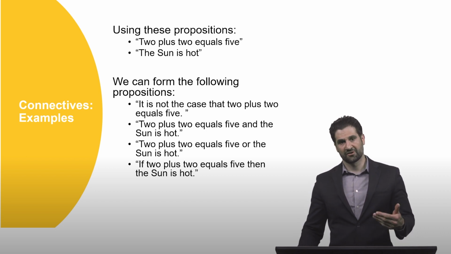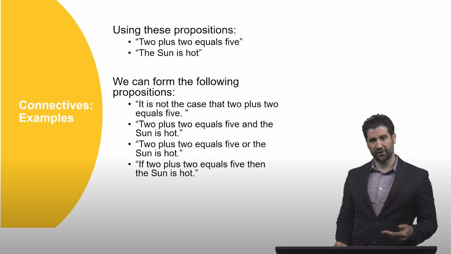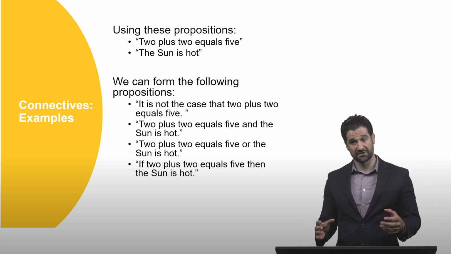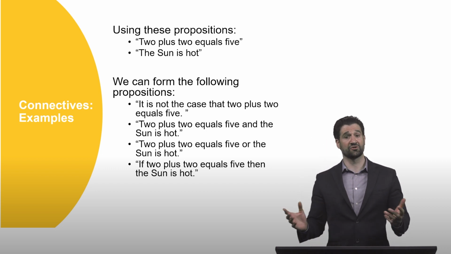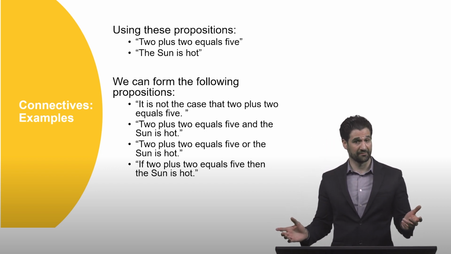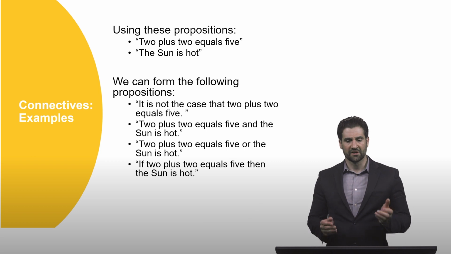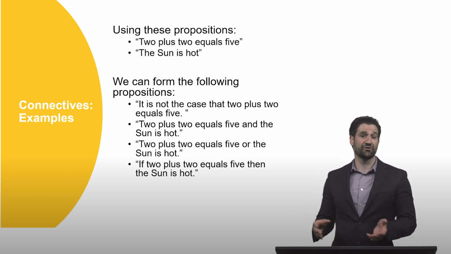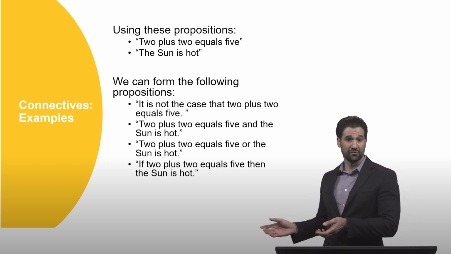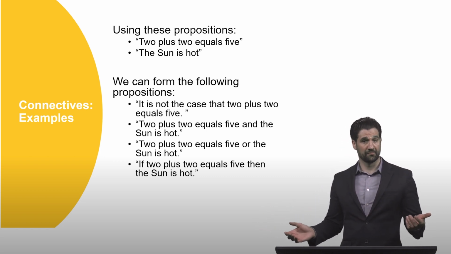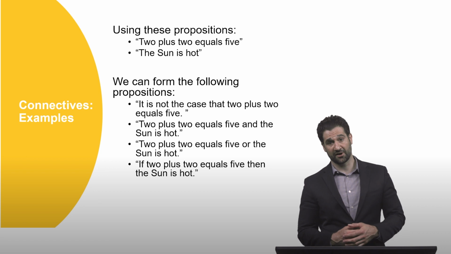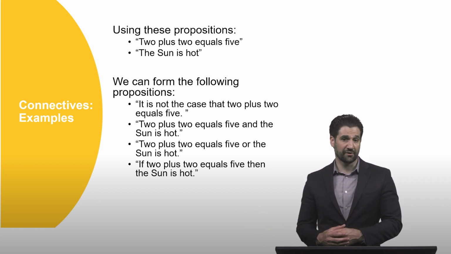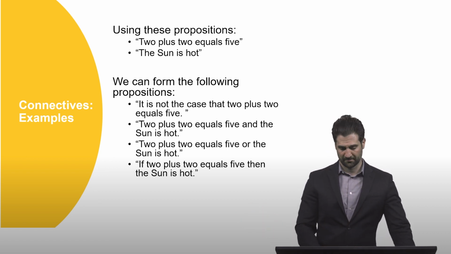Now, the truth of this is a bit more tricky because we might see this in everyday life and think, wow, that statement is false because 2 plus 2 does not equal 5. However, if 2 plus 2 equals 5 is false and the sun is hot is true, then the whole statement is true. Because if the premise of an implication is false, then really the rest of it doesn't matter very much.